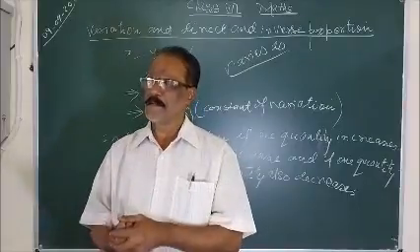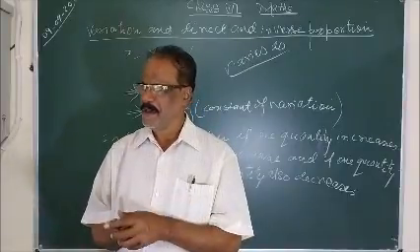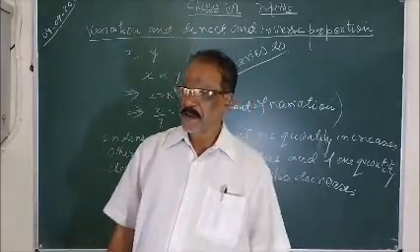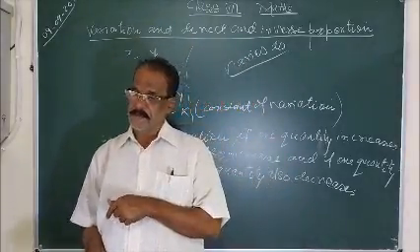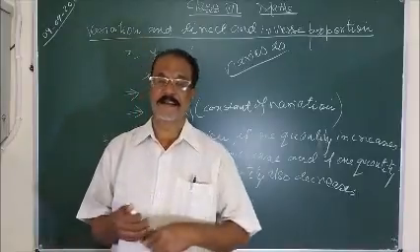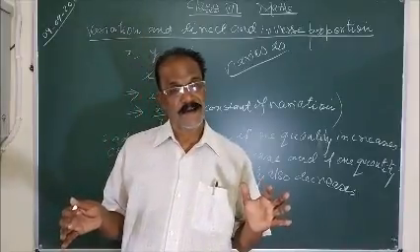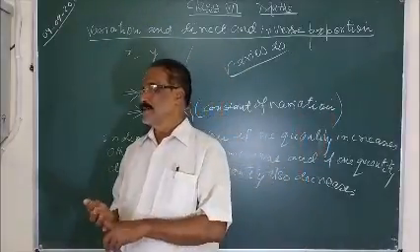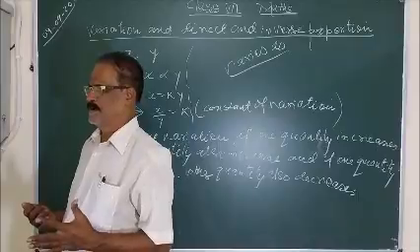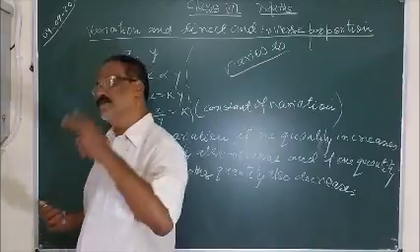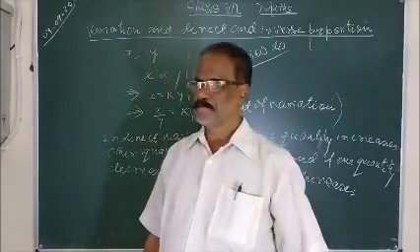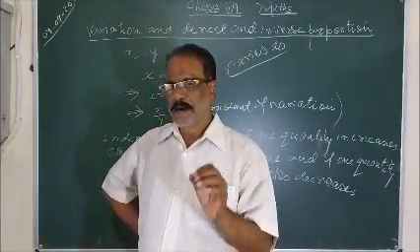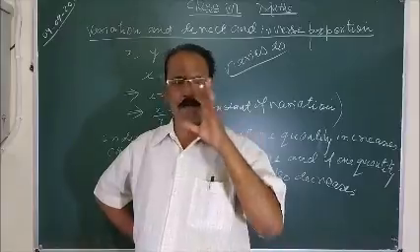In inverse variation में हम देखेंगे, वैसे I would like to give you some hint कि if one quantity increases and the other quantity decreases, and if one quantity decreases and the other quantity increases, so that is called inverse variation. Inverse का मतलब जैसे example देखिए, the speed of the train is 100 kilometers.